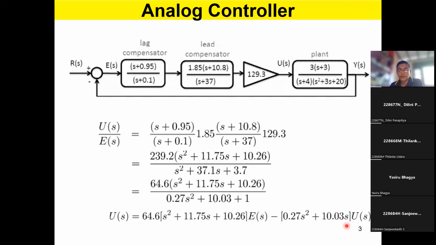We were able to do that with a number of differentiators, adders, subtractors, and so on and so forth.